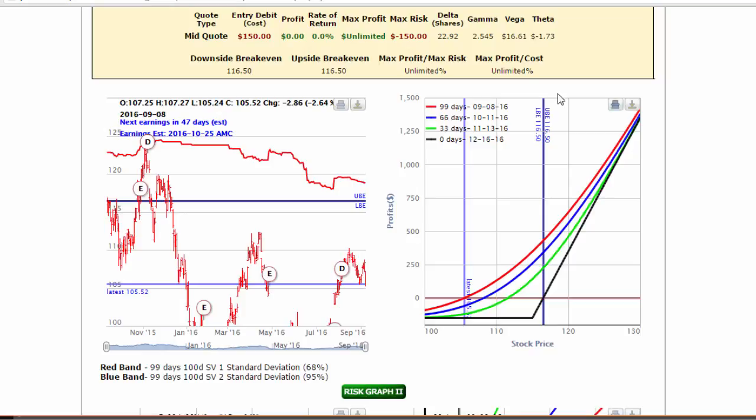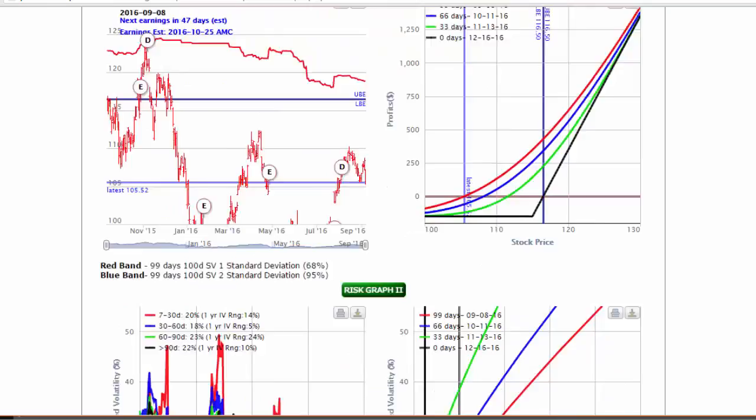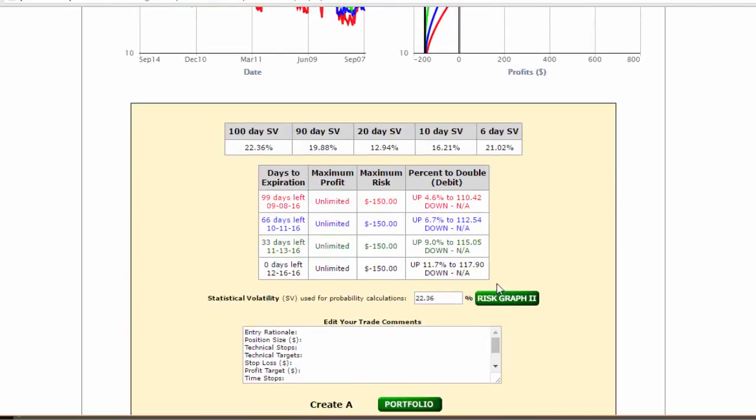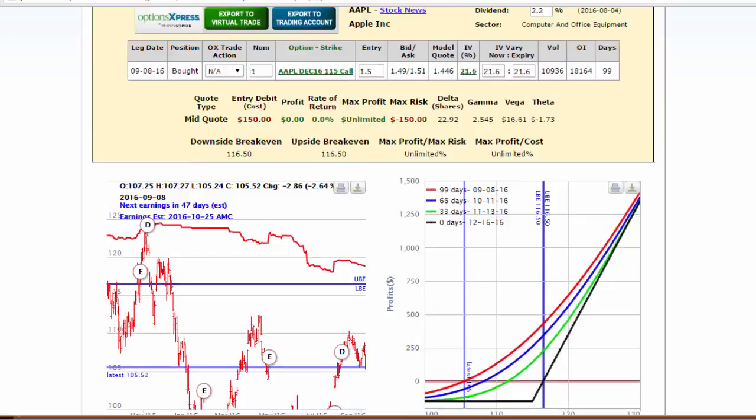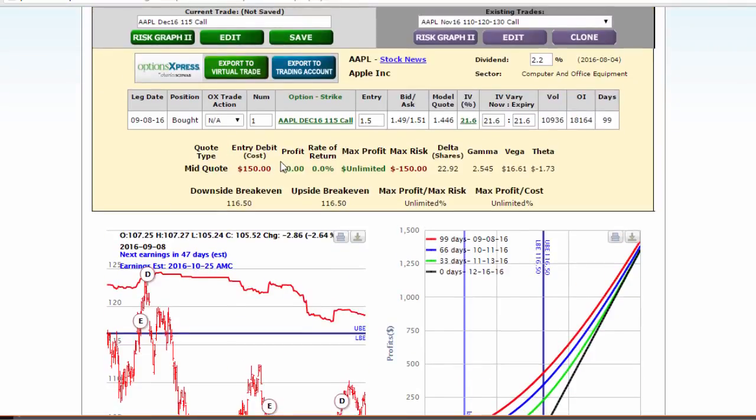My only issue with this is that this break-even point is a lot higher than what I like. It's above the target price. And we've already seen positions that double with a much lower move in the stock. Okay, like the one that we saw previously. Now, I should mention that when you are comparing these, you need to remember that you're going to be investing the same amount of money in each position.